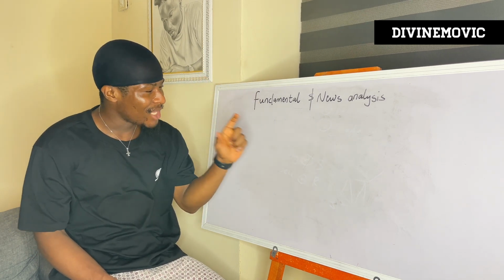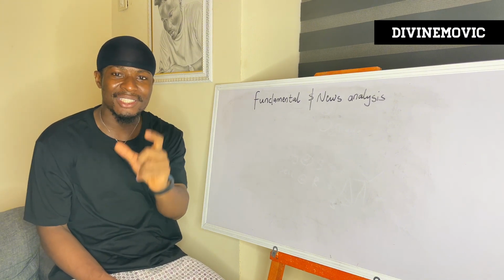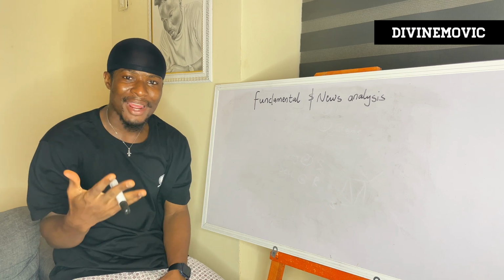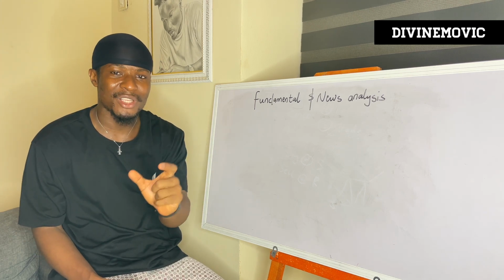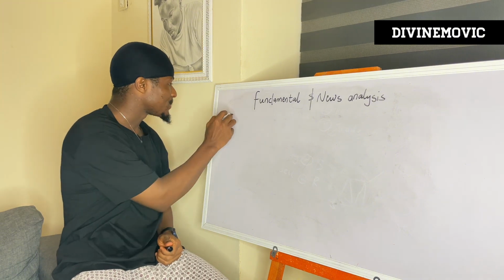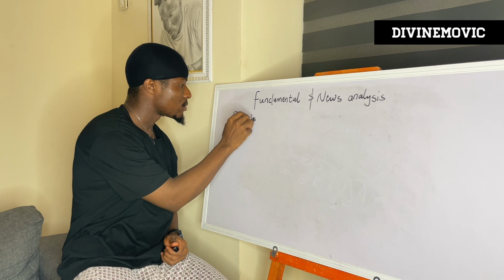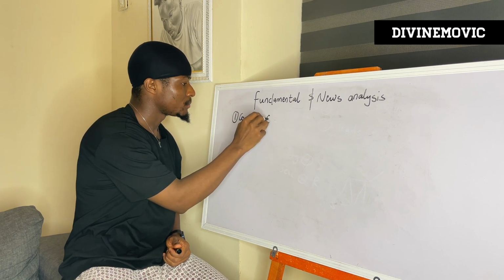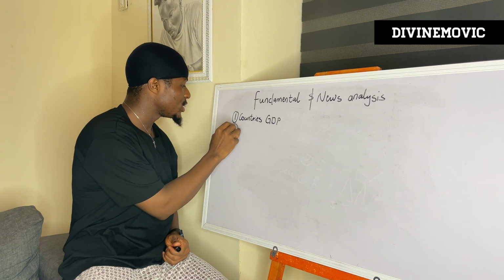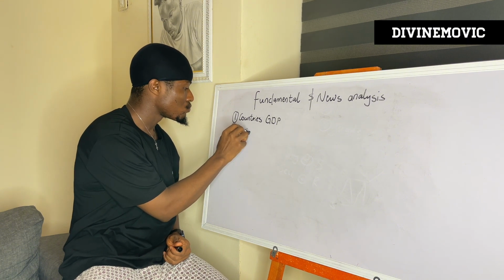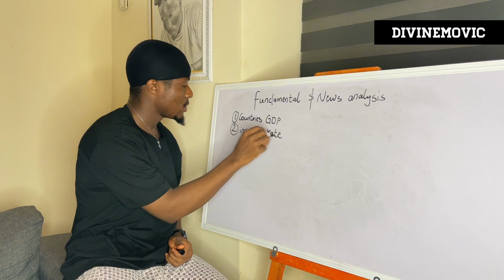Whereas fundamental analysis is simply the use of economic events or economic data to understand where price is going to go. Some of the economic data that I can use to understand where price is going are: 1. The country's GDP. 2. Inflation rates. 3.